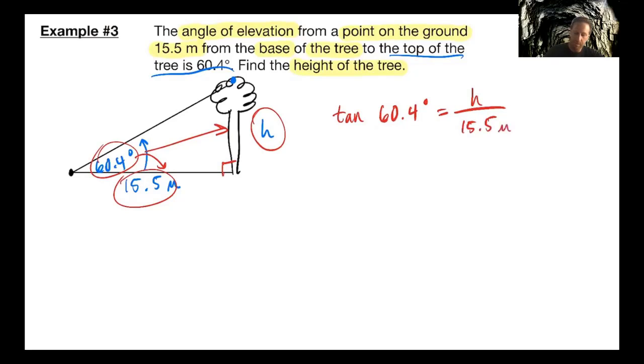Now for this, it's pretty easy to solve because my H is on top. So to undo the dividing, I will multiply, not top and bottom, but both sides to keep it equal, by that 15.5 meters.